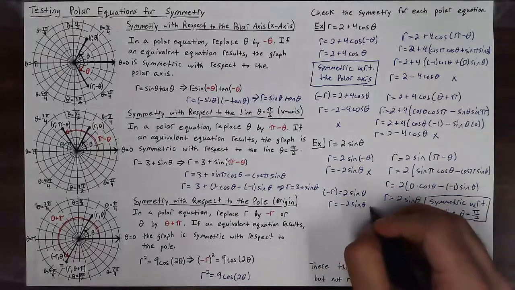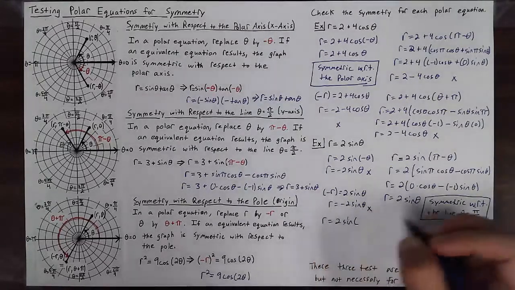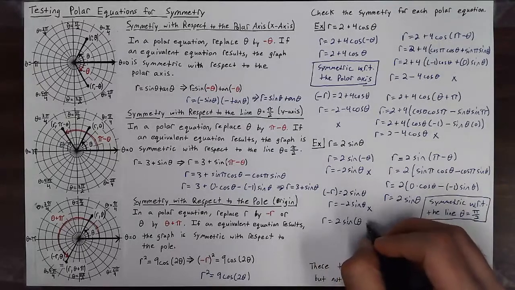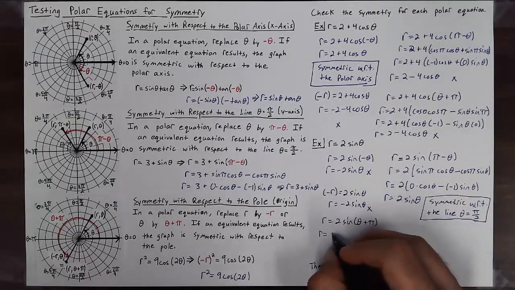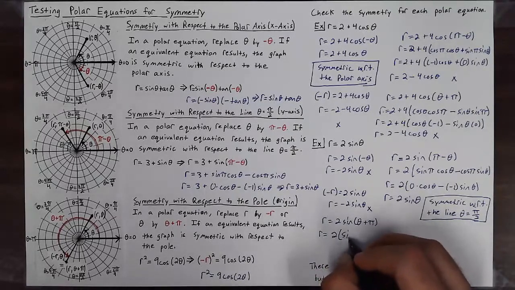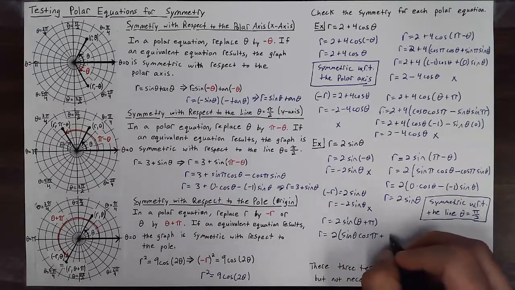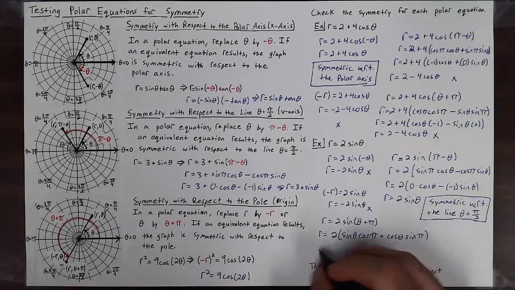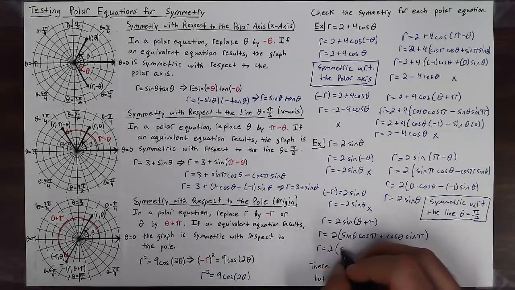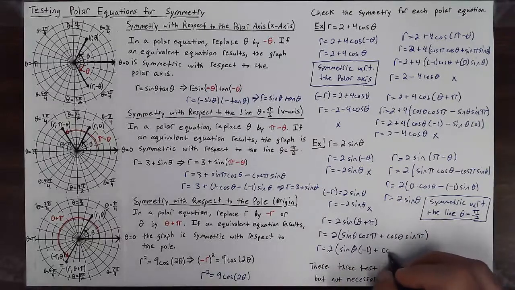So definitely that test doesn't work, but I can also try r is equal to 2 times sine of theta plus pi, which gives me r is equal to 2 times the sum formula for sine, which is sine theta, cosine of pi, plus cosine of theta times sine of pi, which simplifies to 2 times sine of theta times -1 for cosine of pi, plus cosine of theta times sine of pi, which is 0.